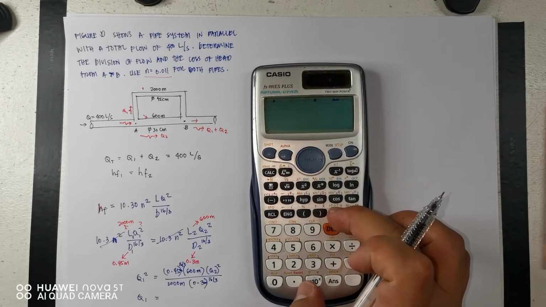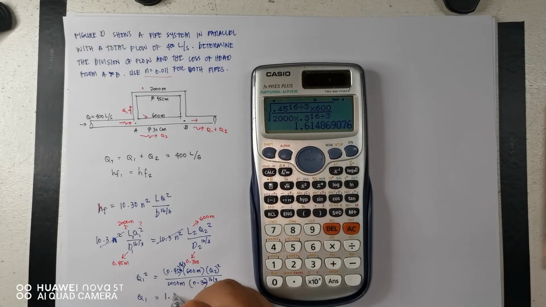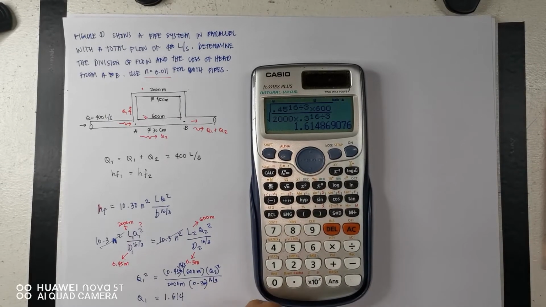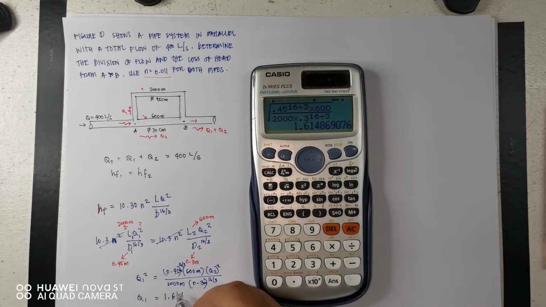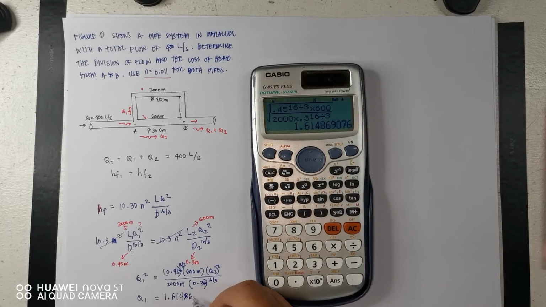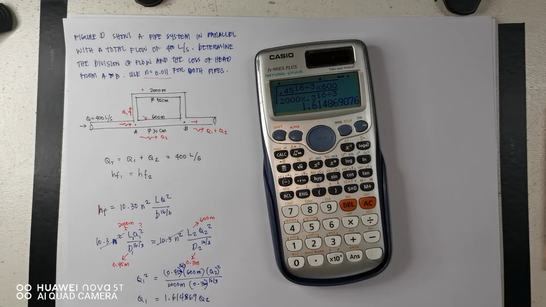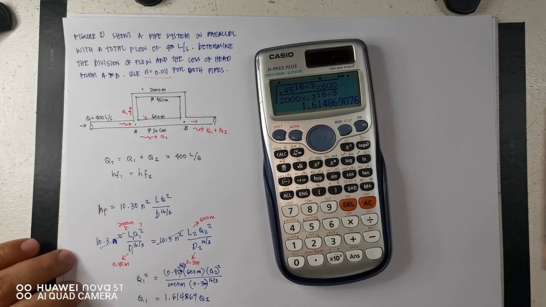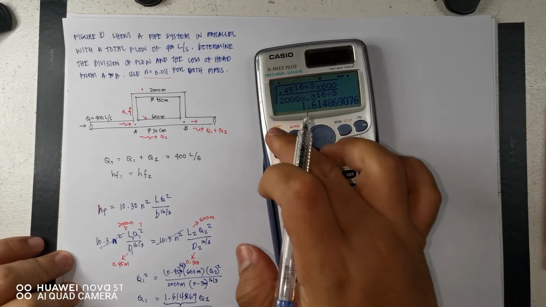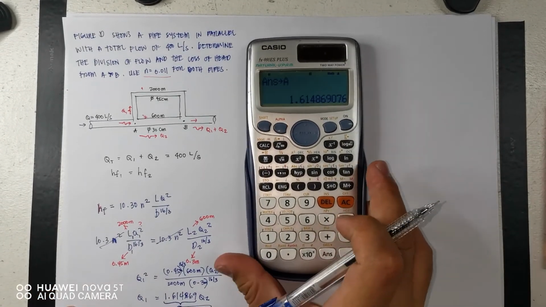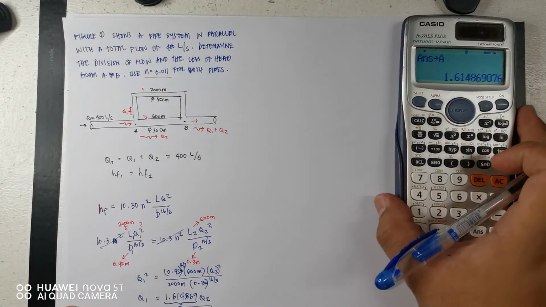Ito ngayon yung numerical coefficient na 1.614869 for Q1 over Q2. So makikita natin dito that Q1 is greater than Q2 sa expression na to. Tatandaan natin to, save ko to numerical coefficient niya as A para magamit natin mamaya at hindi na tayo mag-round off.